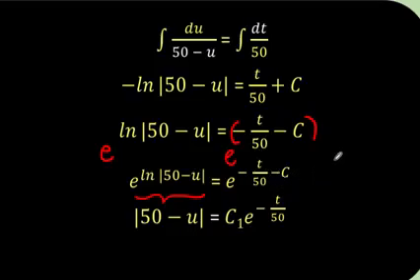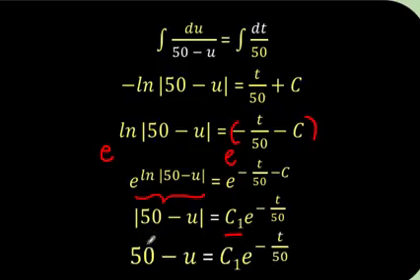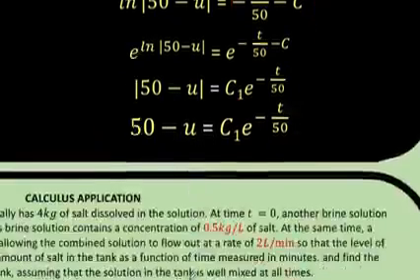And e raised to negative c is just another constant. Let's call that other constant C sub 1. Now, since C sub 1 could be positive or negative, then we can just remove this absolute value notation to arrive at 50 minus u equals C sub 1 times e raised to negative t over 50. Let's go to the next page and solve for u.